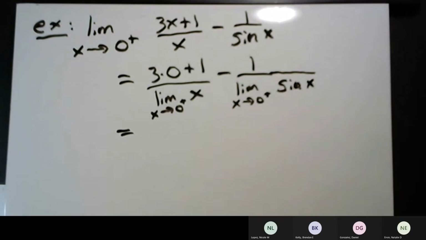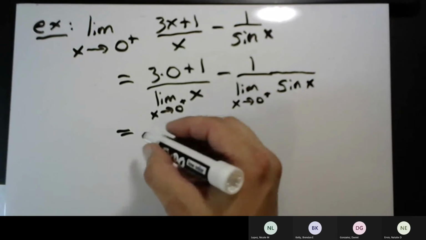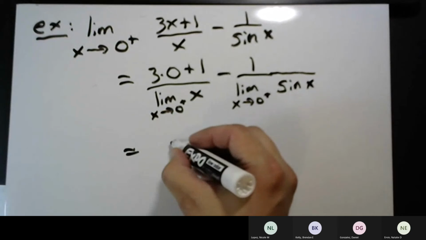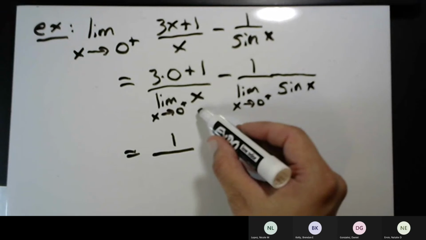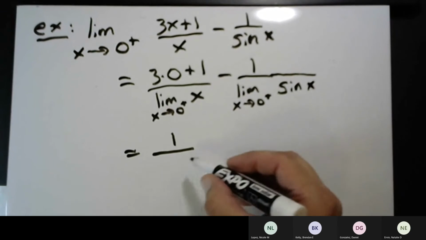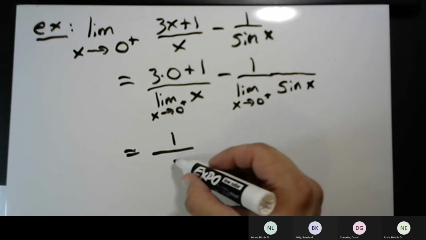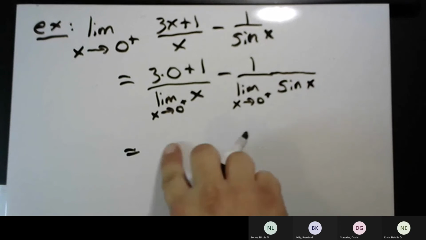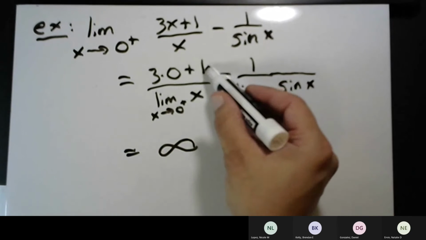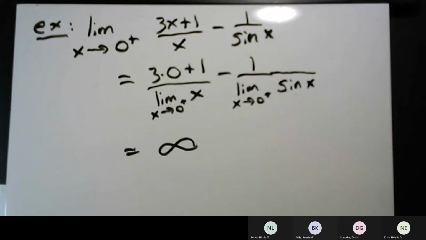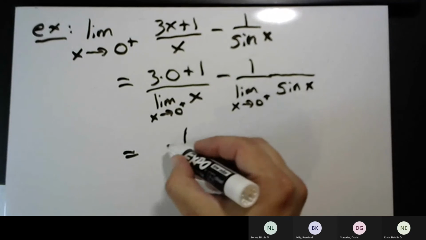So what you'll get is 1 over something that's getting smaller and smaller, going to 0. So if you take the limit of 1 over something getting smaller and smaller, you get infinity. There, I'll put all the steps in.